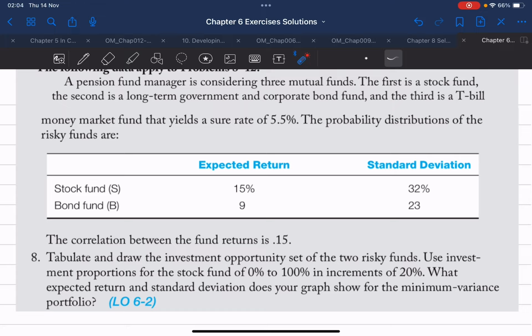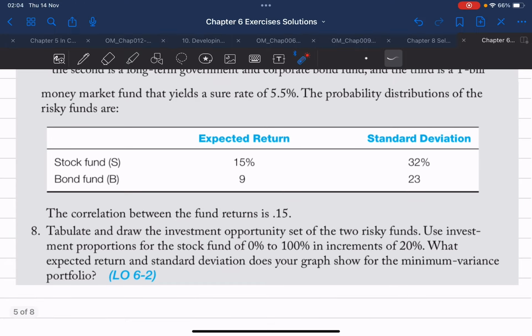Then the question says, tabulate and draw the investment opportunity set of the 2 risky funds. Use investment proportions for the stock fund of 0% to 100% in increments of 20%. What expected return and standard deviation does your graph show for the minimum variance portfolio?